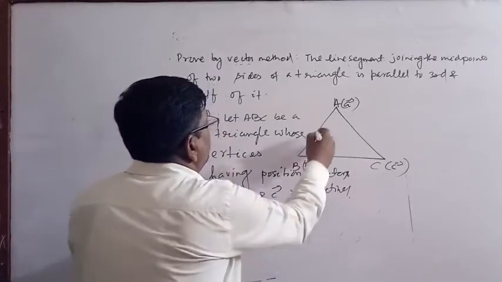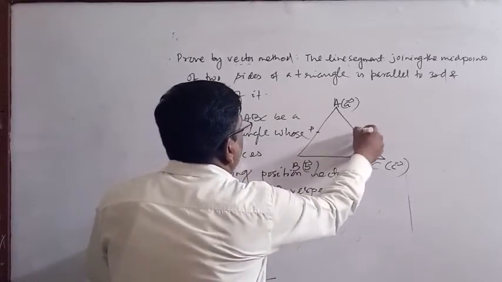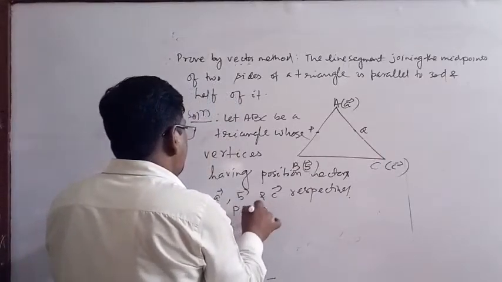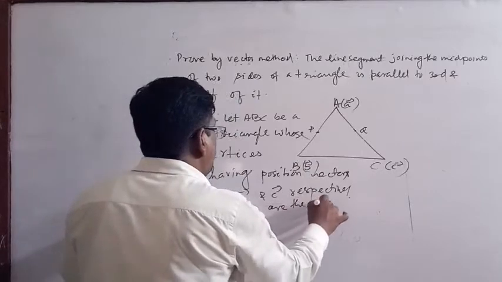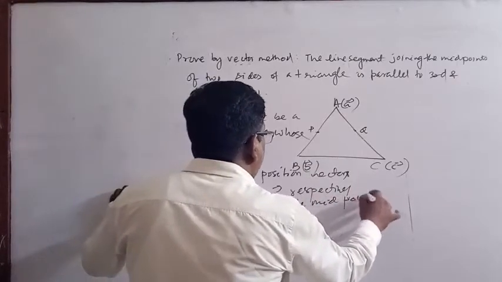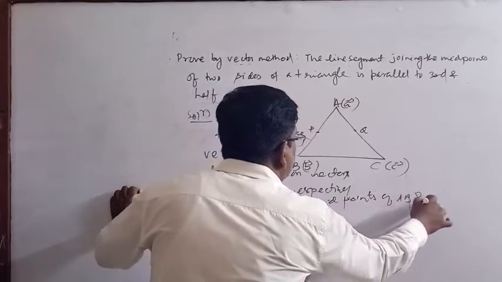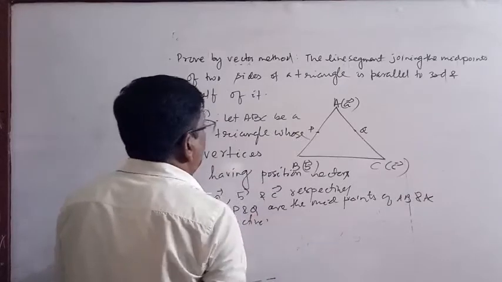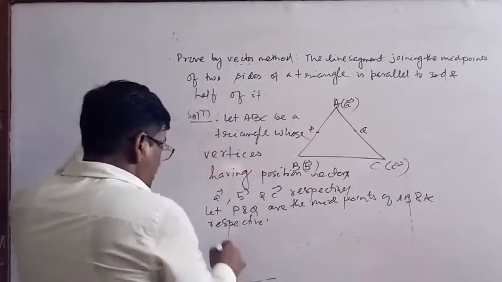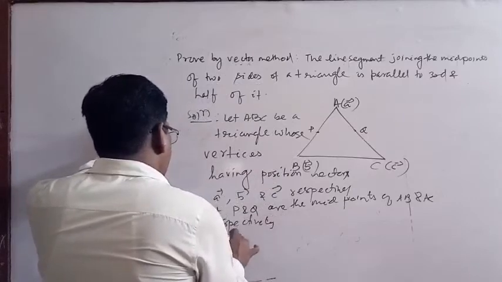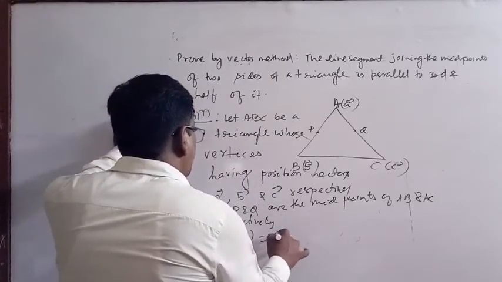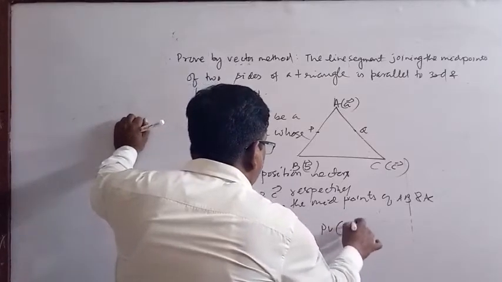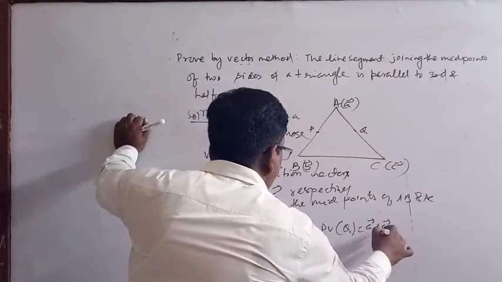Let P and Q be the midpoints of AB and AC respectively. Now the position vector of P is (A plus B) by 2, and the position vector of Q is (A plus C) by 2.